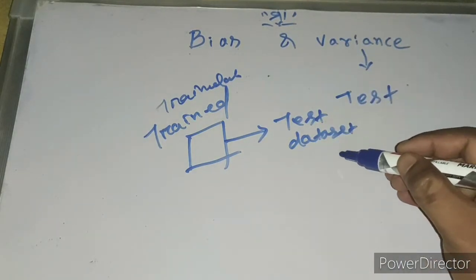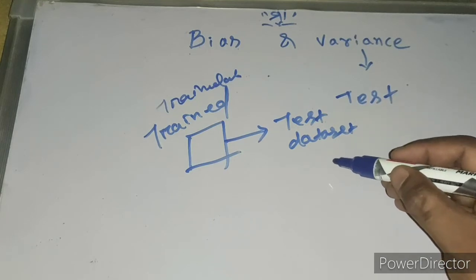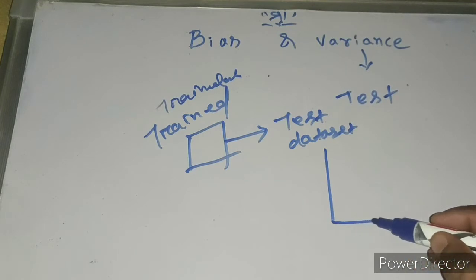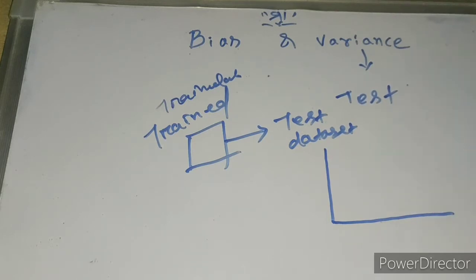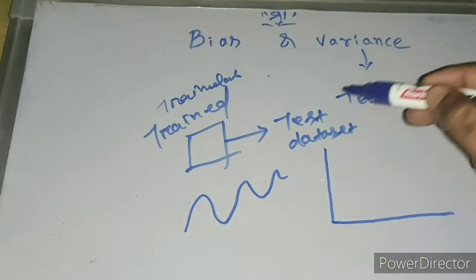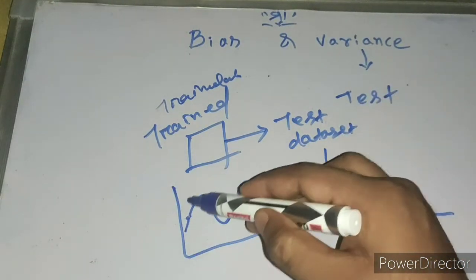When it is applied on the test dataset, something happens. It was fitting properly while training, but in testing it doesn't fit properly. In training the line was something like this. It was fitting properly.